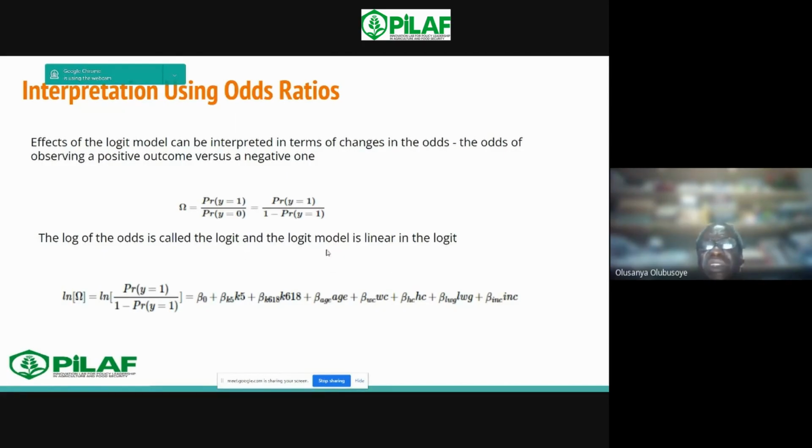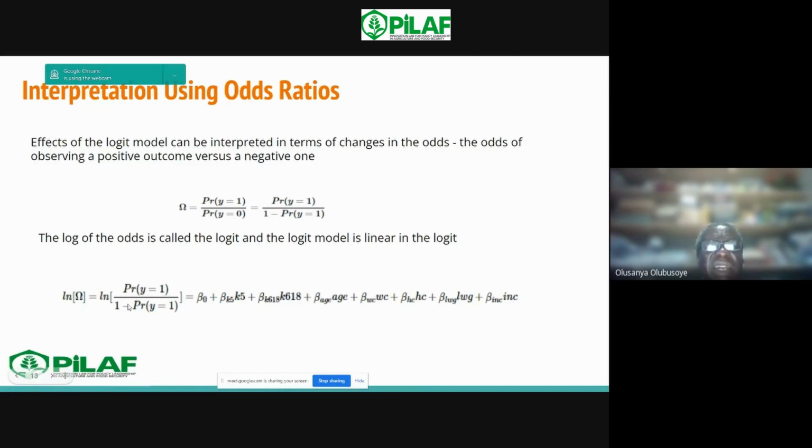So the logit model is linear, and this is the linear form. But unlike before, when we were just computing the probability of participation, here this linear form is talking about the logit, the log of the odds.